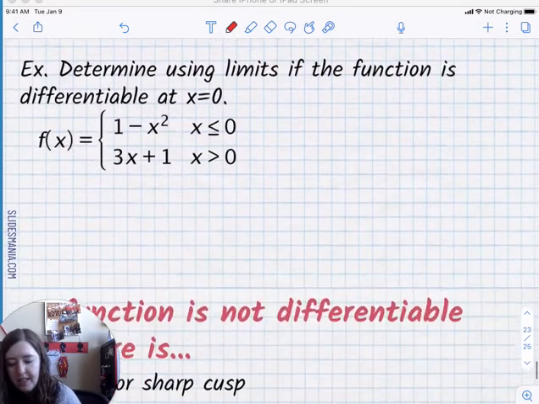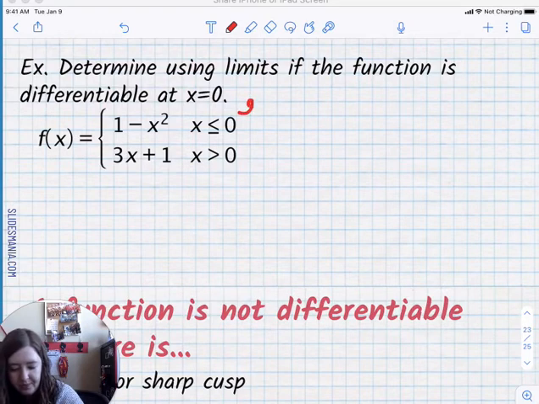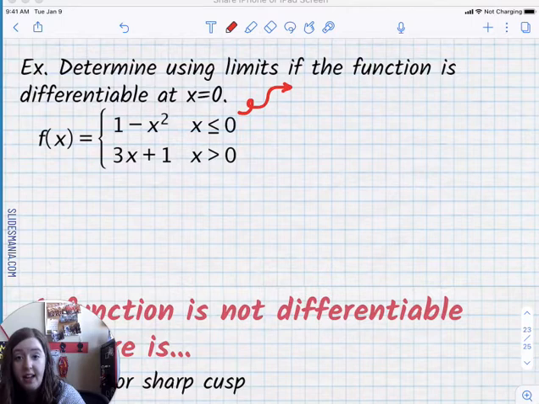So let's take a look at this first guy. If we want to determine if the function is differentiable at x equals 0, if we go ahead and find the derivative of this part, the derivative of 1 is 0, we'll bring down the 2 and multiply, so we have negative 2x.